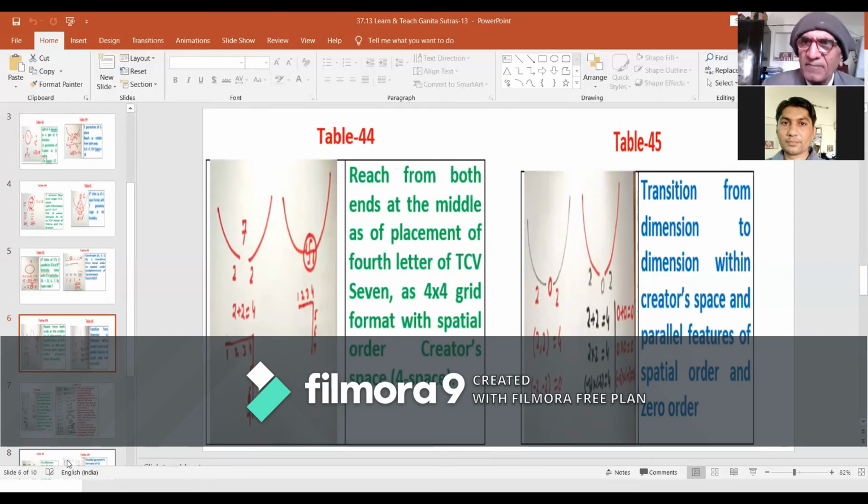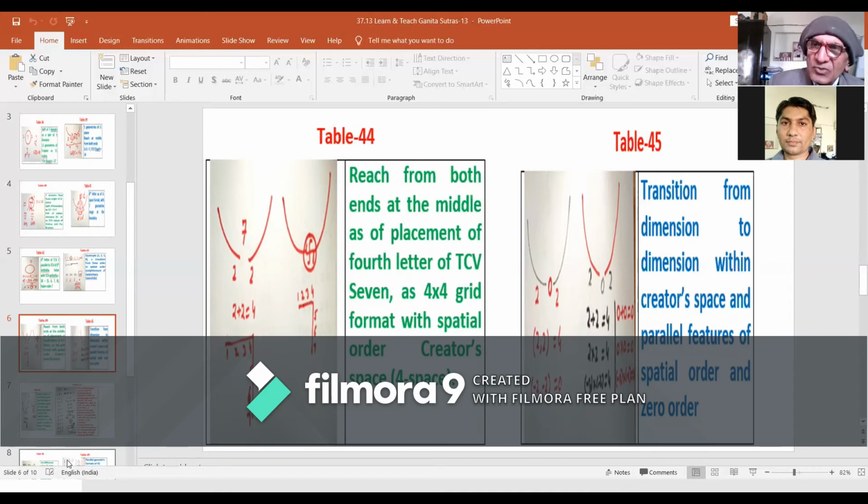Once we are face to face with it, then we will see that if we are approaching from first limb, third letter of value 2 to fifth letter of value 2, so from reaching from both ends, in fact, amounts to reaching at the middle, and it will be a transition from line to a plane, from a line to a bended line, from a linear axis to a pair of axes, from line to a surface.